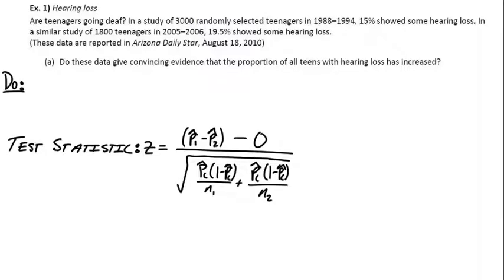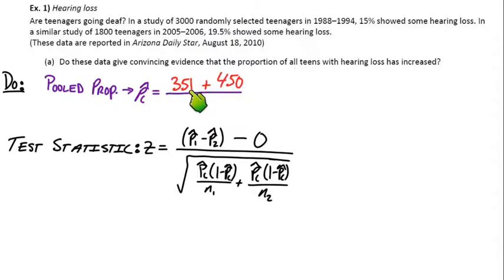Okay, so to be able to actually calculate this test statistic, this z-score, we need this p hat sub c. We need this pooled proportion. So let's start with the total number of successes. And we already calculated that in the normality condition, right? There was 351 for the first sample and 450 for the second sample.